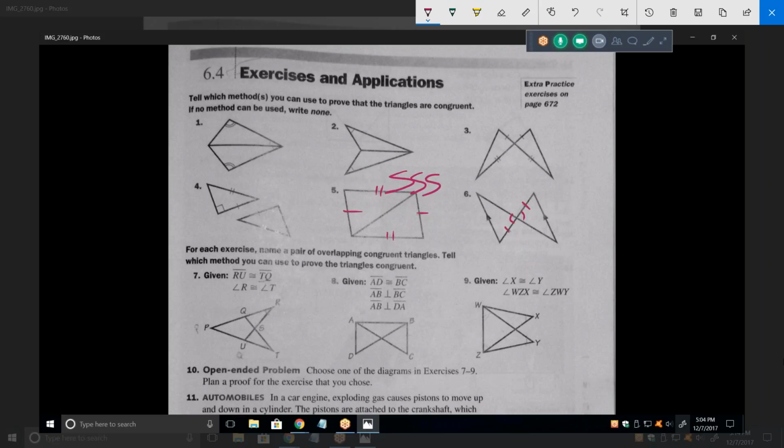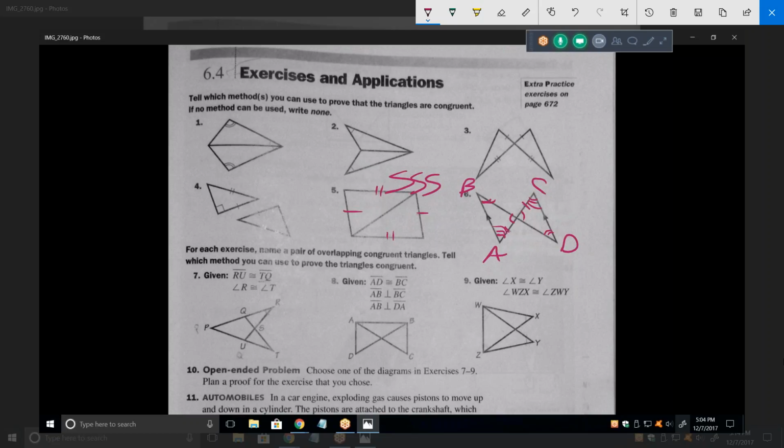Well, let me put some letters on this. Tell me what angle is equal to what angle based on the parallel lines. Angle B is equal to angle C and angle D is equal to angle A. Actually not. Angle B is equal to D, and angle C is equal to angle A.